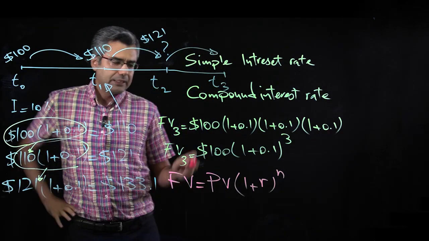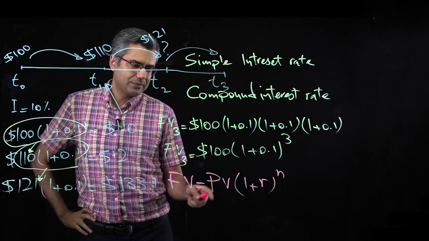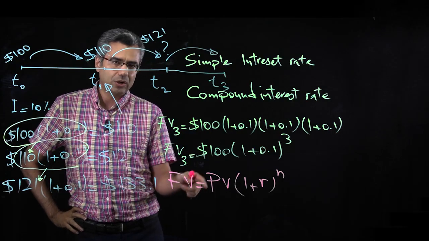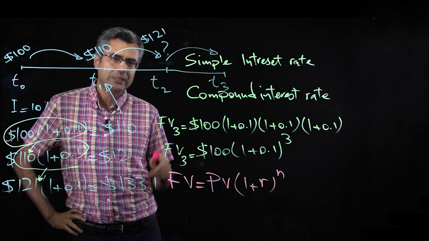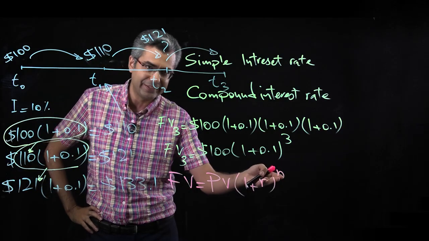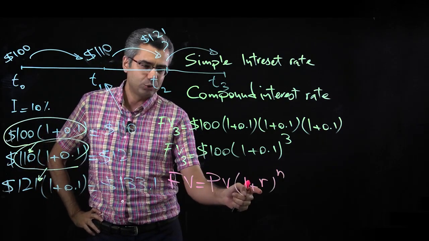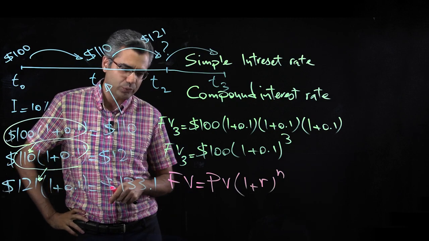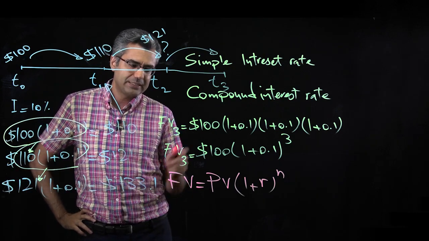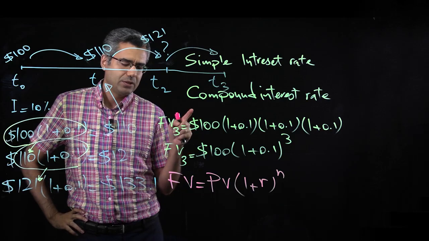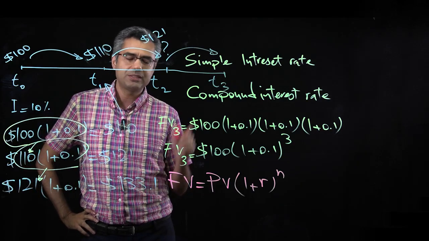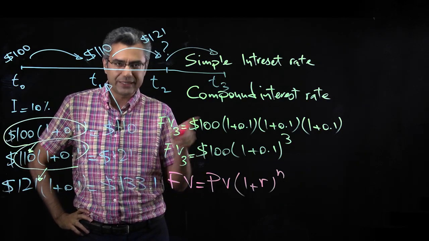Means if you invest today, you can compute the value of your investment after n years, assuming that you receive R% interest rate. And this is called compounding interest rate. Means you will receive interest on interest.